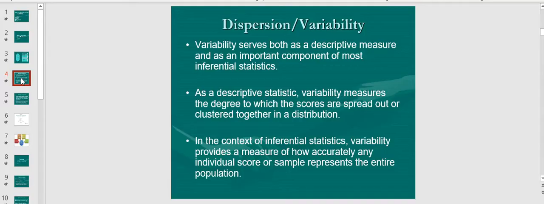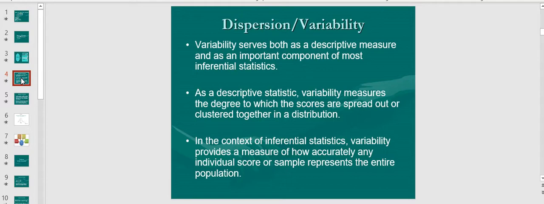In descriptive statistics, variability measures the degree to which the scores are spread out or clustered together in the distribution. In the context of inferential statistics, variability provides a measure of how accurately any individual score represents the entire population.